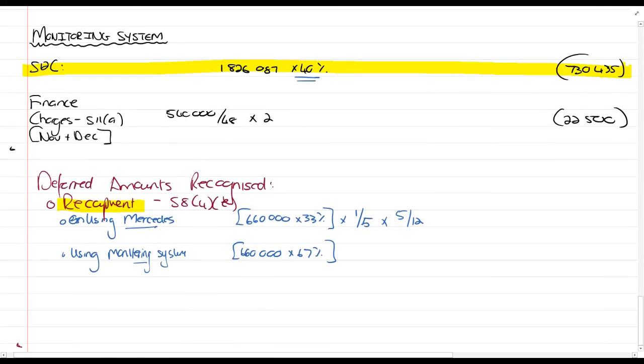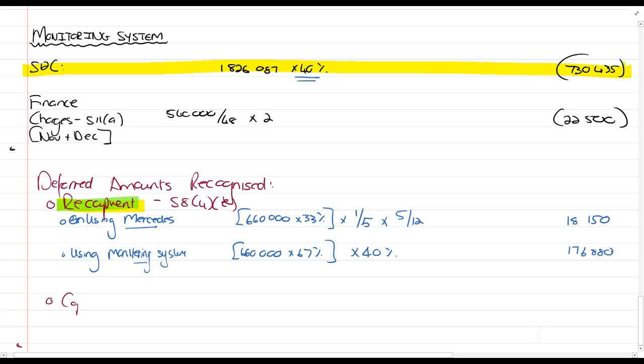We multiplied it by 40%. So times 40%. So this is a recoupment, 1.8, 150. Okay, so that was on the recoupment.